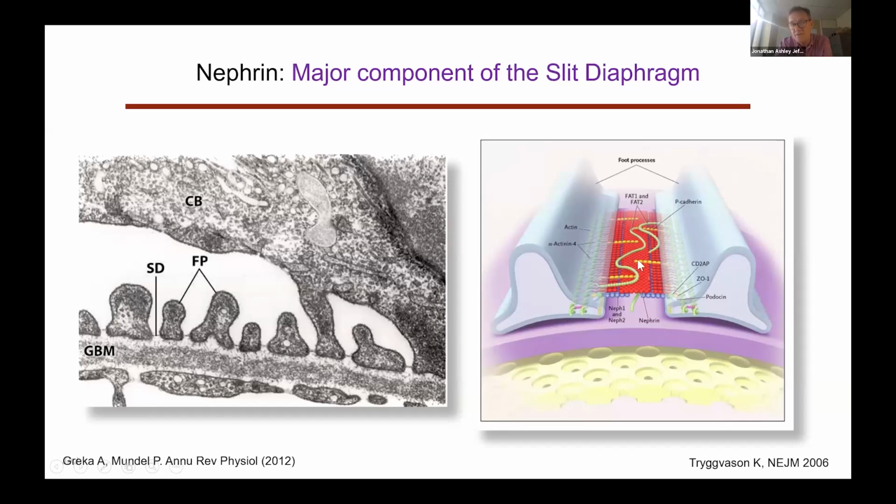We can see that nephrin is the major component of the slit diaphragm. Importantly, it's not the only component. We have Neph1, some other FAT proteins, some other proteins that cross the slit diaphragm. And obviously these proteins signal and interact with proteins in the actin cytoskeleton and other podocyte proteins.